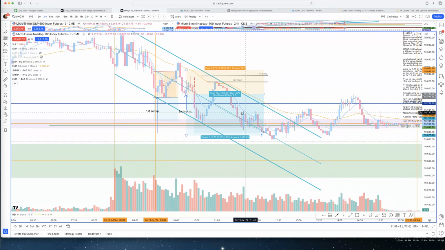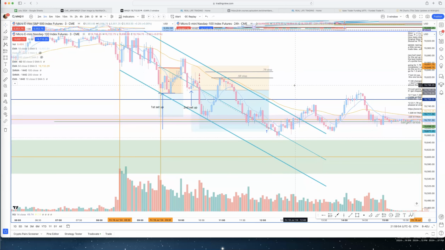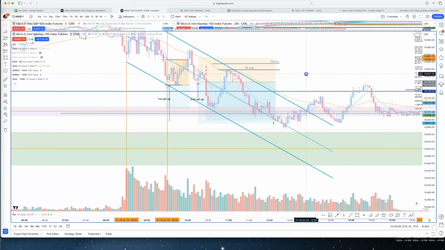This is great. When this started happening, this area of consolidation, this is where I was saying my emotions were crazy. I was like, this again, PTSD from Tuesday, I want to get out. But I was like, I'm just going to try to stay strong. I moved my stop to 0.5R.